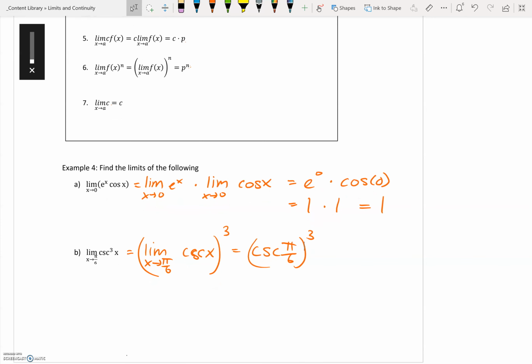I'm going to quickly draw a triangle so we can find out what that is. So cosecant, remember that's hypotenuse over opposite. So our hypotenuse is 2, our opposite is 1. So we're going to do 2 cubed, which is 8. So that's our overall limit, and we are done.